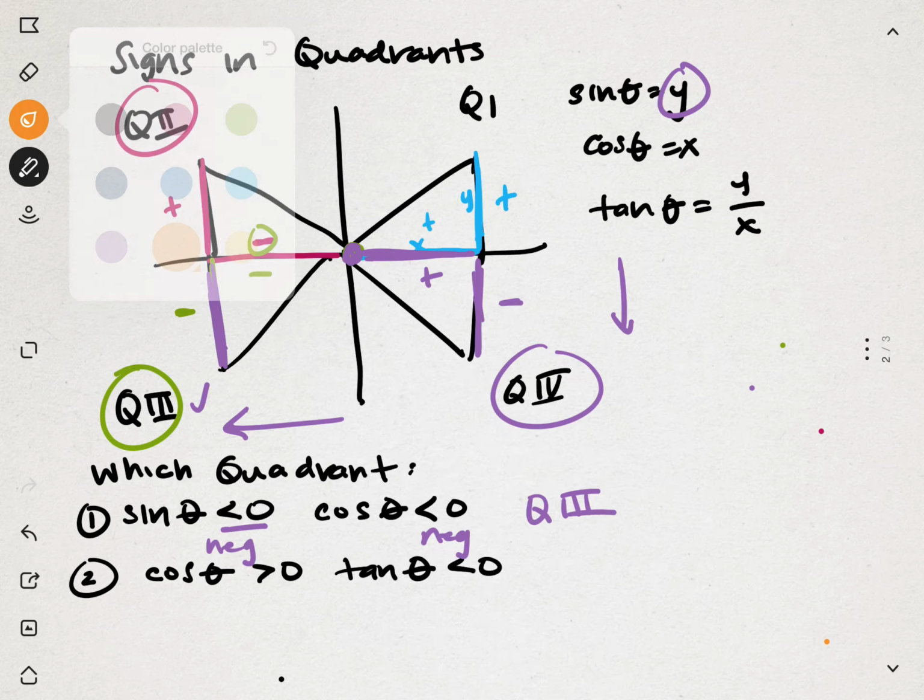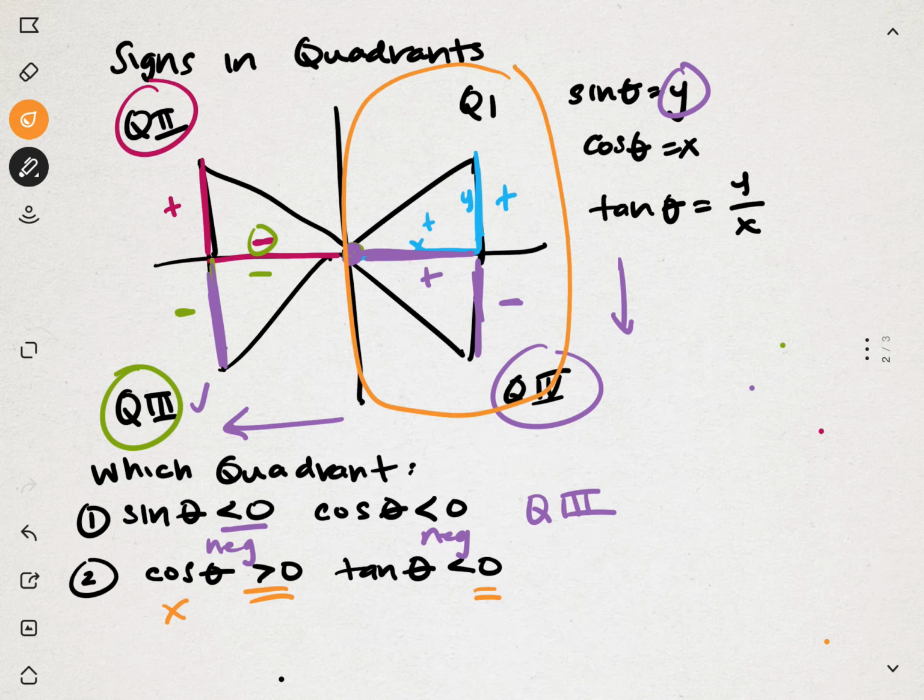Now let's look at the second one. The second one's saying where is cosine positive and tangent negative. Okay, so this is a little bit trickier, but we know that cosine is the x. X is positive in quadrants 1 and 4. Okay, good. Now tangent is a little bit trickier because tangent is the y over the x, so we need to use both signs to figure out the tangent.